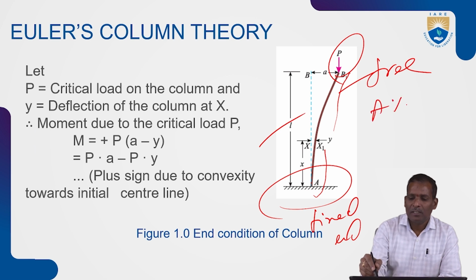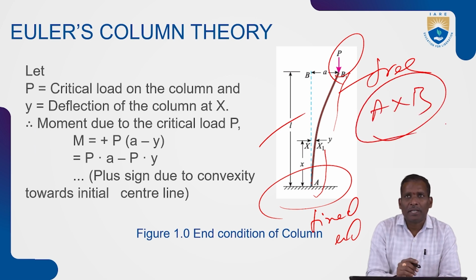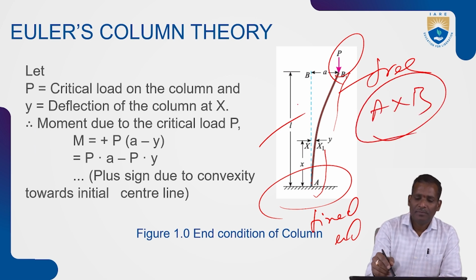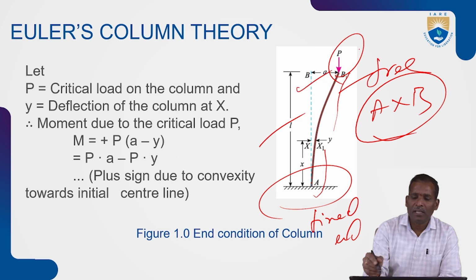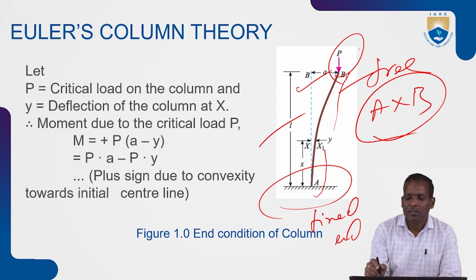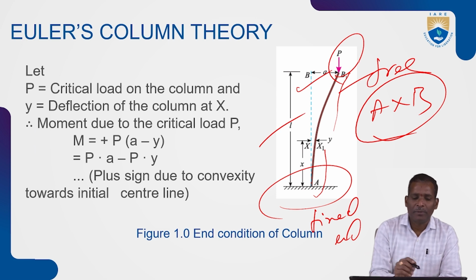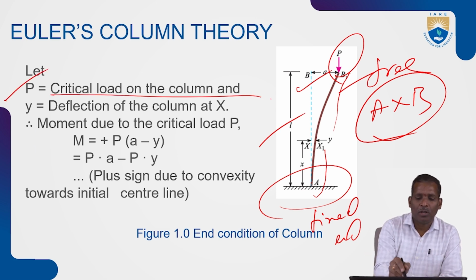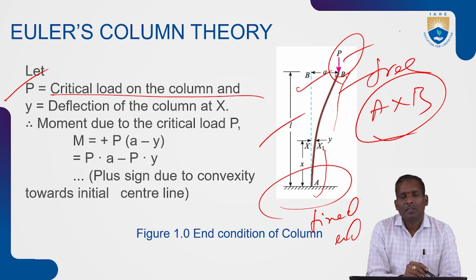Previously, before deflecting, the column was AB, and after applying the load, the deformed shape will be AX1B1. Let us assume P is the critical load on the column, and consider the deflection of the column at X.